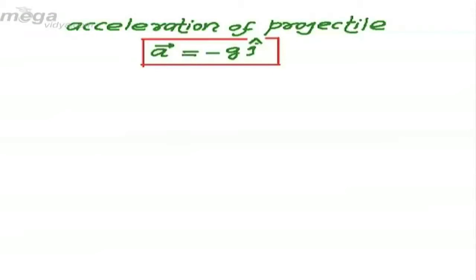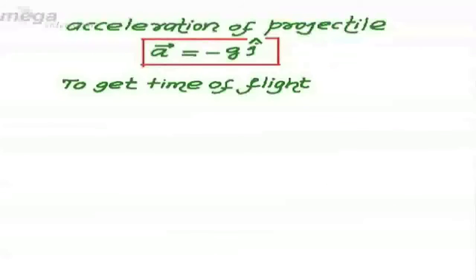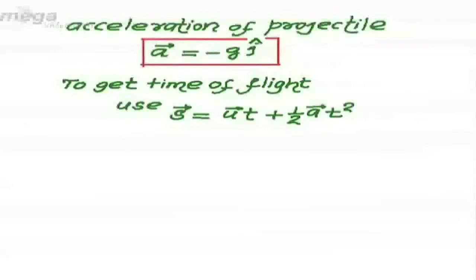Now, what we can do here, the first thing which we may require to find is the time of flight. We will use equation of kinematics number 2, which is given as S equal to ut plus half at square.